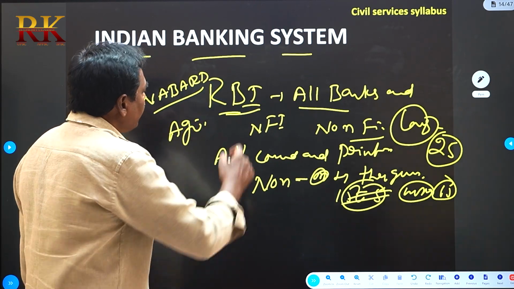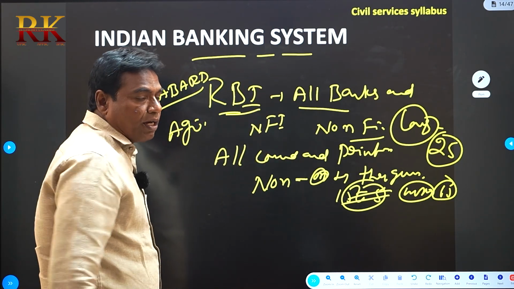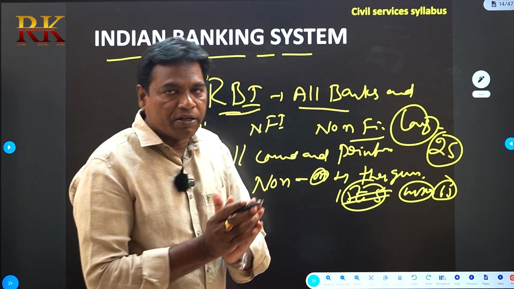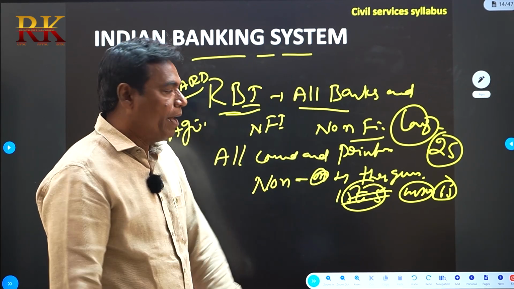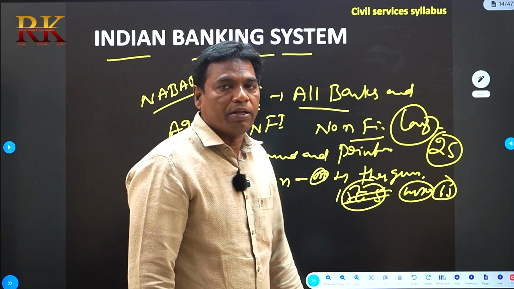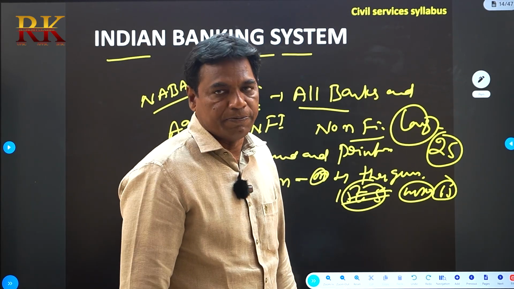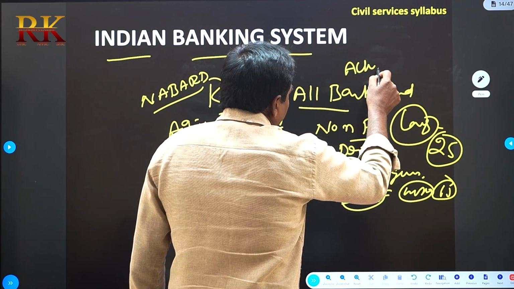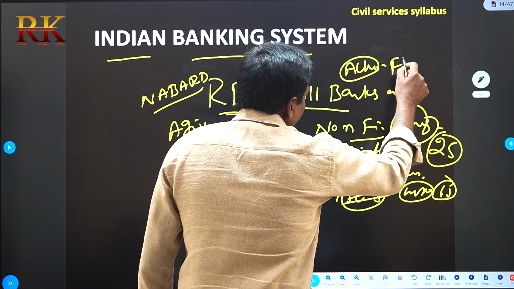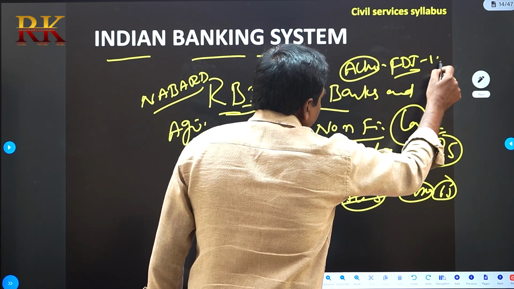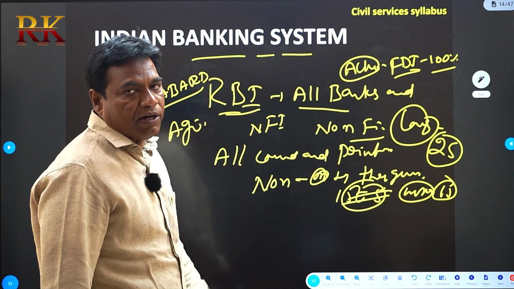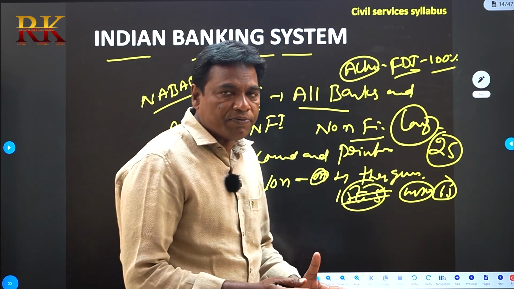Then the Indian banking system before independence, after independence, in 1991, and after 1991: how did it develop the Indian economic system? You know already that recently FDI was introduced at 100% when economic reforms were introduced in a number of sectors.